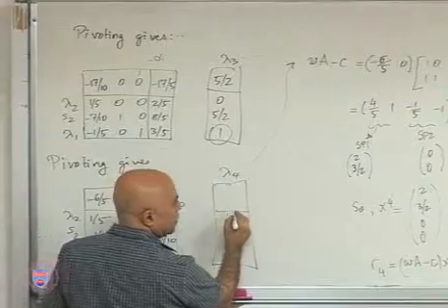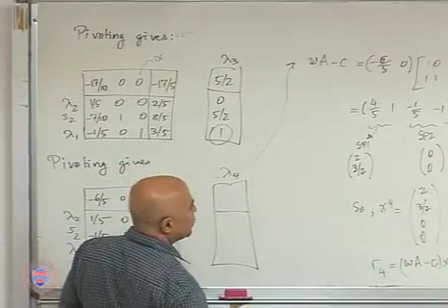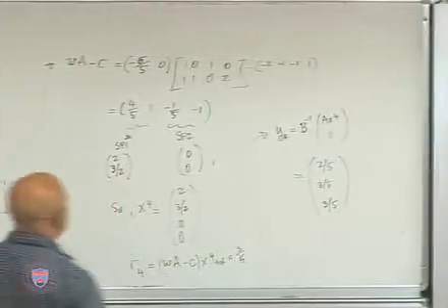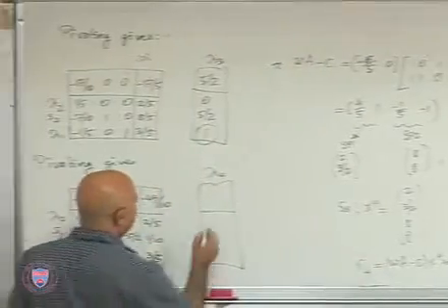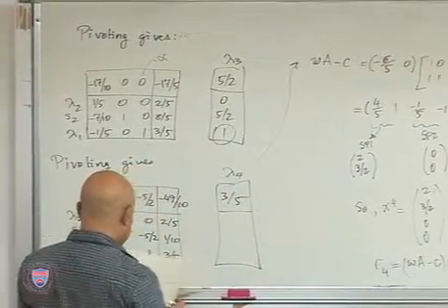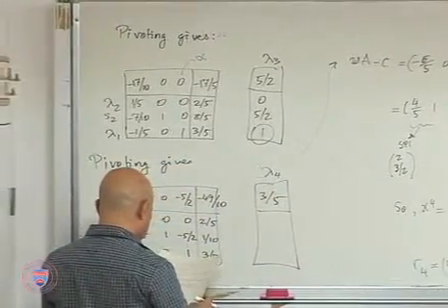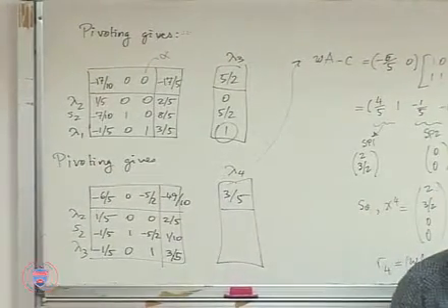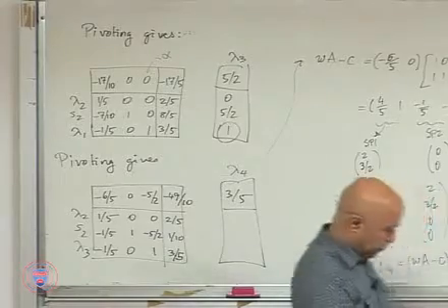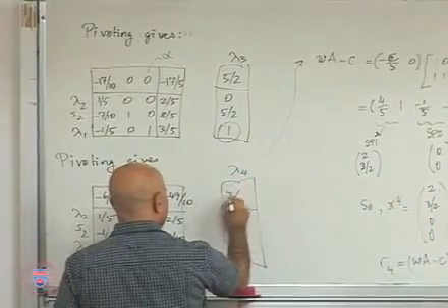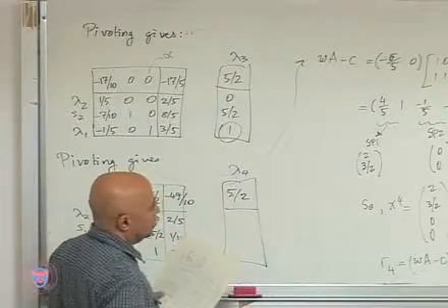The reduced cost is, what was it? 3/5? Where was it? 3/5. I wrote it somewhere, but I forgot now. No, it's not 3/5. It's 5/2. The reduced cost is 5/2.